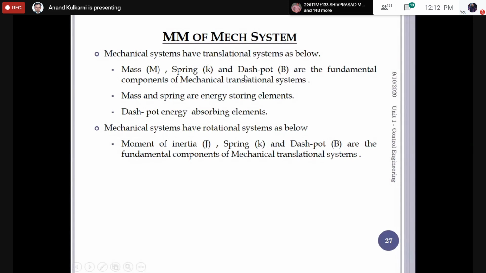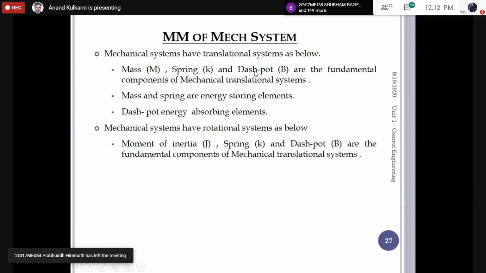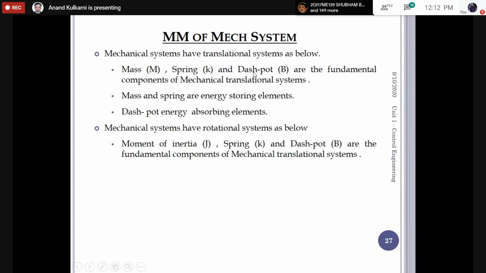These three basic components, you can identify them. Instead of saying mass, I can call it the inertia element. Instead of calling it a spring, I call it a stiffness element or storage element. And instead of calling it a dashpot, I will call it a frictional element. These three types of elements are present in almost all types of systems, whether electrical, mechanical, electronics, pneumatic, hydraulic, whatever it is.